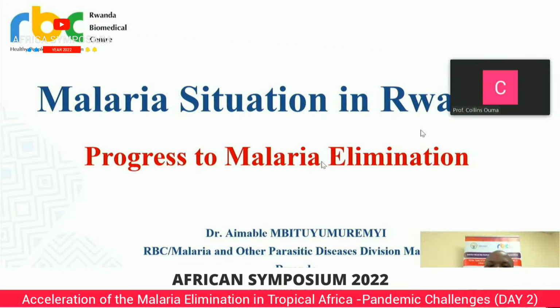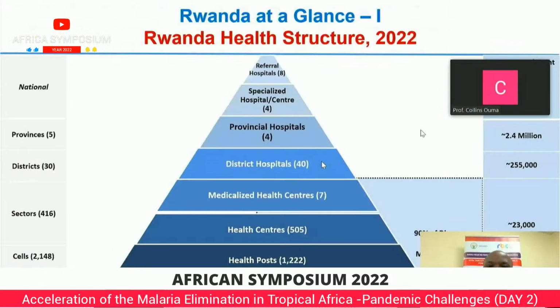I'll start with sharing with you the structure of the health sector. As you can see from the left side, we have a country divided into 5 provinces, and under those 5 provinces we have 30 administrative districts, under which we have sectors, and below sectors we have cells, and below cells we have villages.